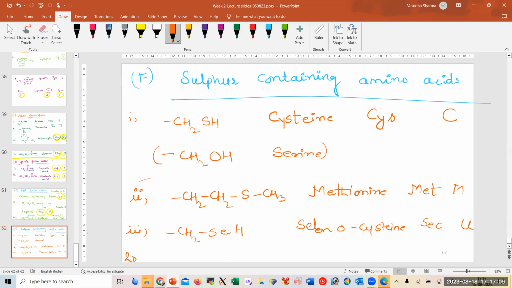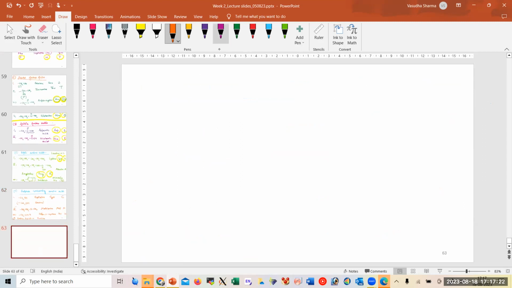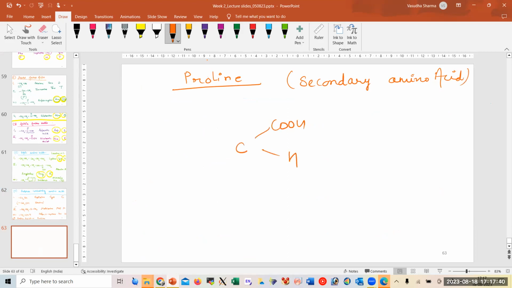And the 20th amino acid that we have is proline, because that is a secondary amine. Proline is a secondary amine and it is directly connected to NH, which is 2 degree.